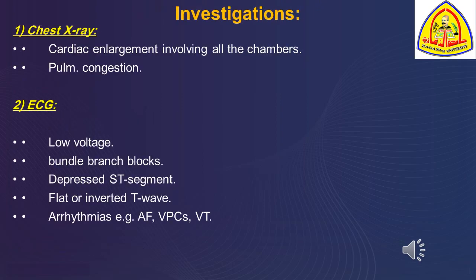What about the investigation of DCM? First, we will do a chest X-ray, and we will see cardiac enlargement involving all the chambers and signs of pulmonary congestion in the X-ray, such as hilar congestion.